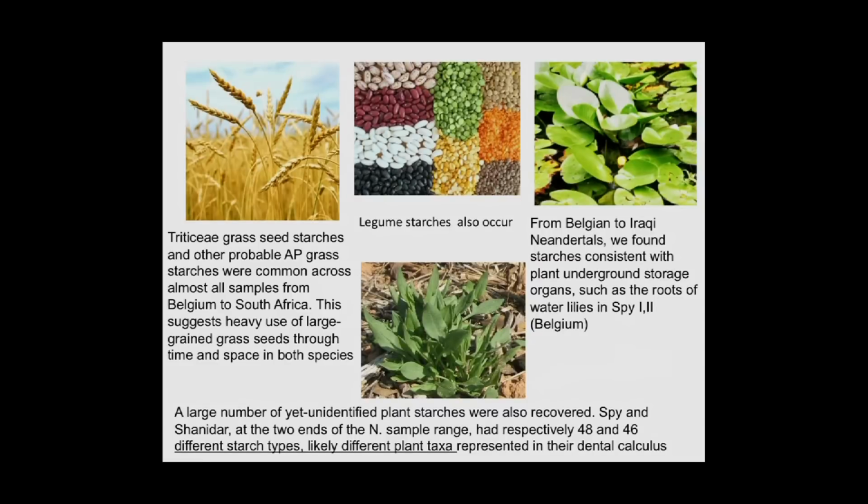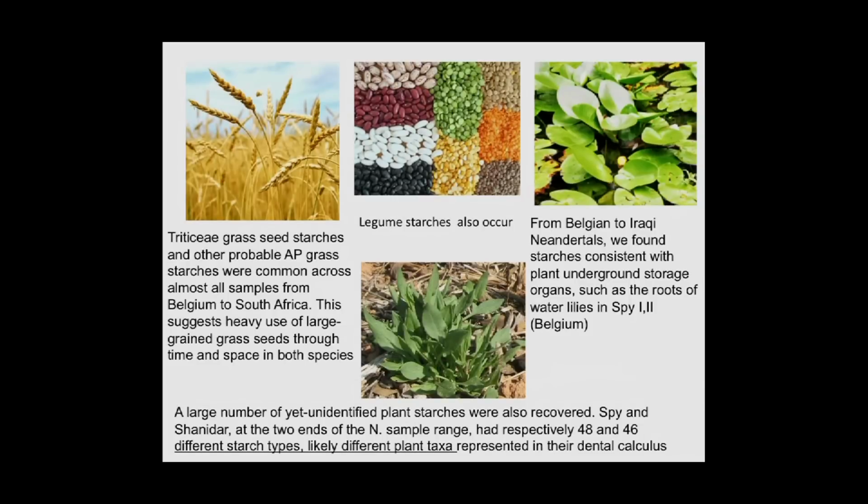Just to summarize what we found, the surprise was that the starches of grass seeds and other probable Triticeae, which are the wheat, the barley, and some other oat grass and other kinds of grasses, were the most common kind of starch. These are common across all the samples from Belgium to South Africa, suggesting heavy use of large-grained grass seeds through time.